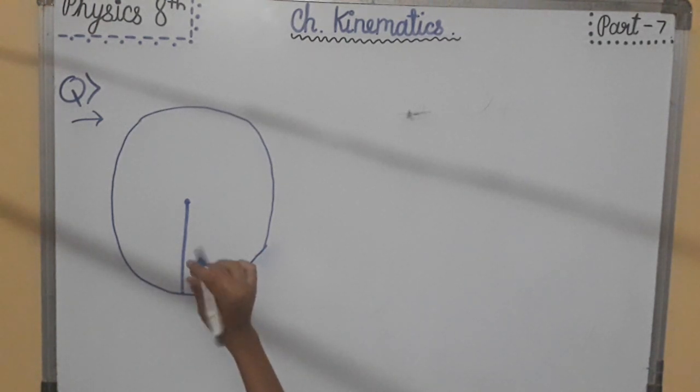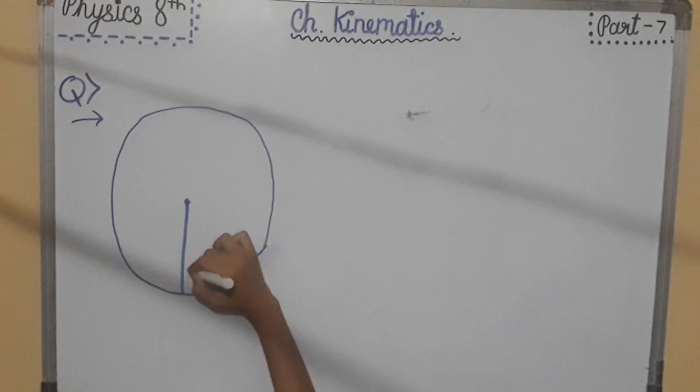This is the radius, and the radius of the athlete's path is 14 meter.